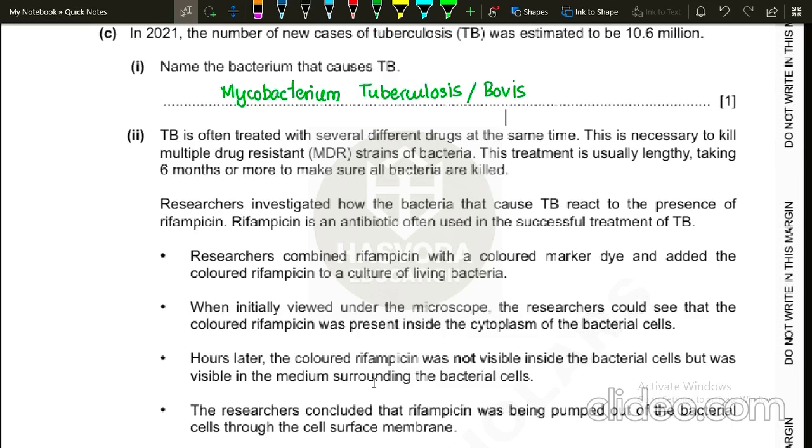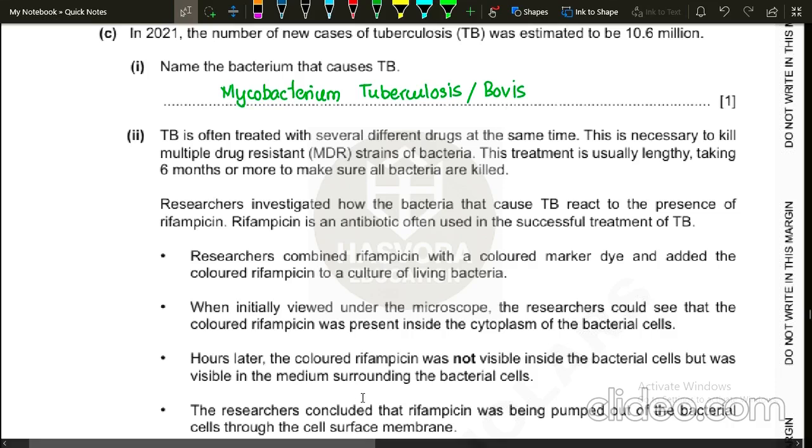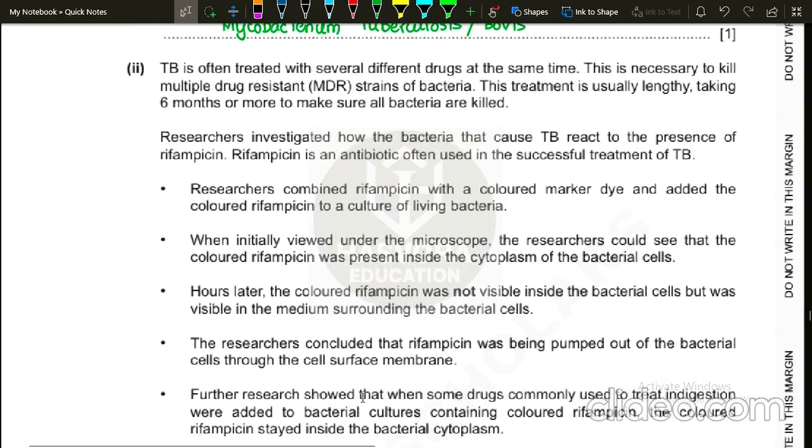TB is often treated with several different drugs at the same time. This is necessary to kill the multiple drug resistant MDR strains of the bacteria. This treatment is usually lengthy, taking 6 months or more to make sure that all the bacteria are killed. Researchers investigated how the bacteria that cause TB react to the presence of rifampicin. Rifampicin is an antibiotic that is often used in the successful treatment of TB.